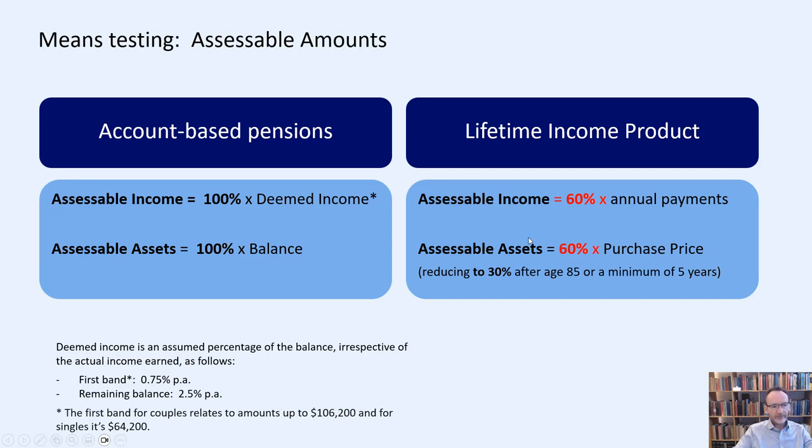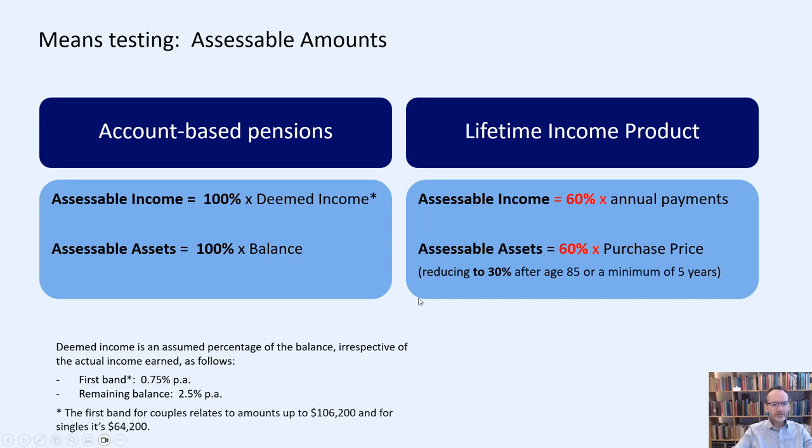A lifetime income product, however, only 60% of the income counts towards the assessable income, and 60% of the purchase price counts as assessable assets, which reduces to 30% after age 85, or a minimum of holding the product for 5 years.